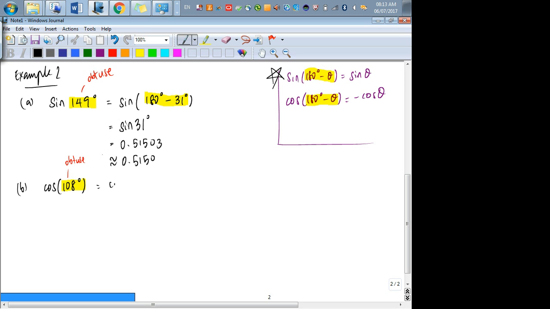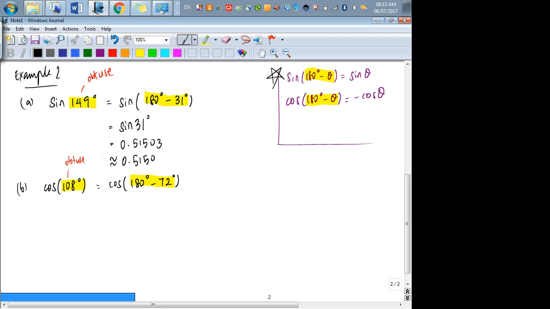So this will be cosine 180 degrees minus 72 degrees, isn't it? Nothing changed so far. 180 minus 72 is 108. Okay? So now we compare what we have with our conclusion earlier on.